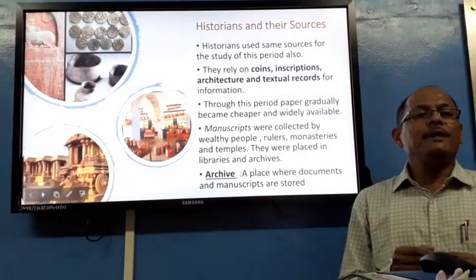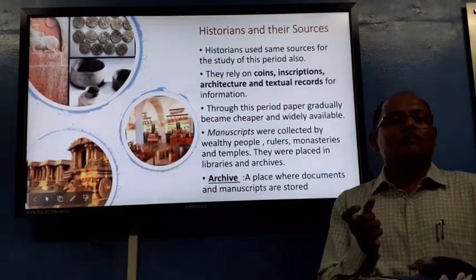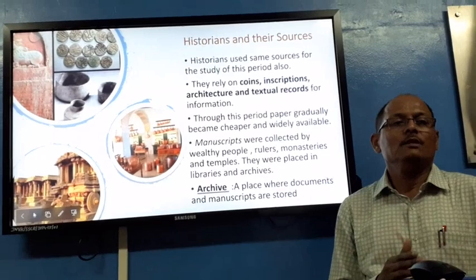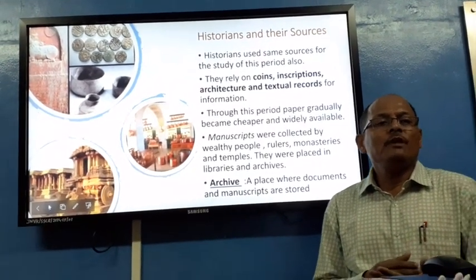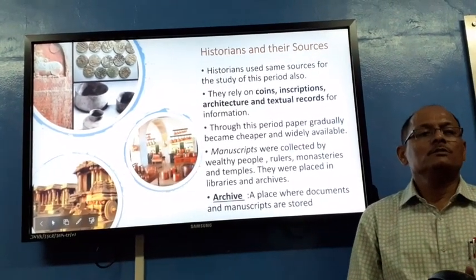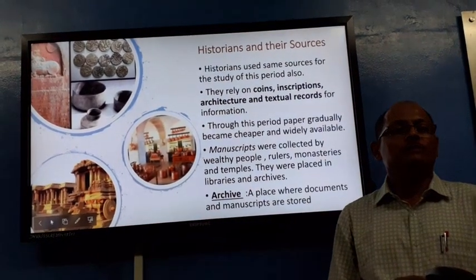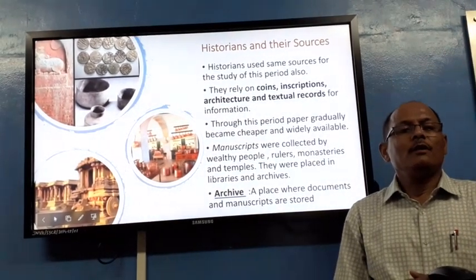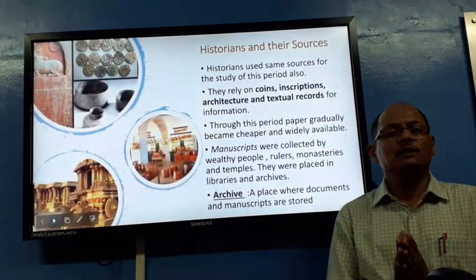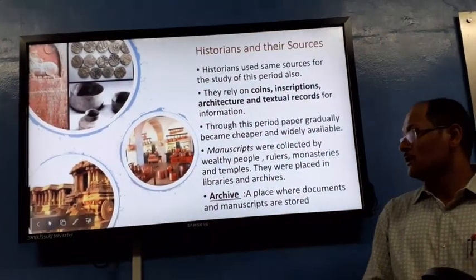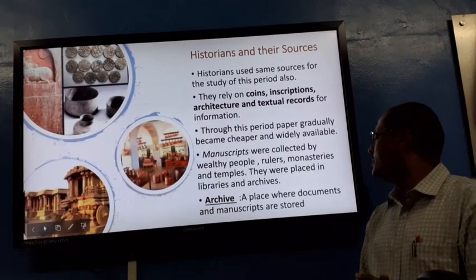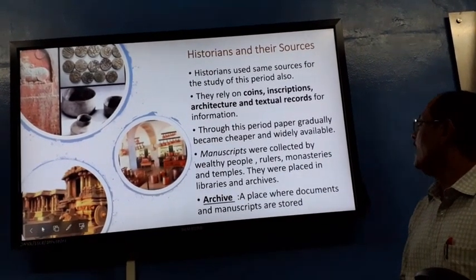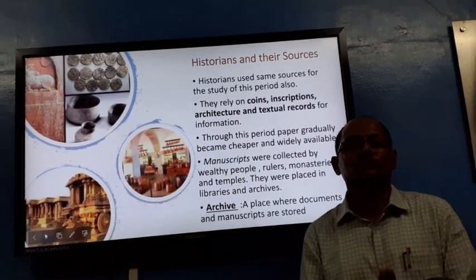But in the medieval period, paper became cheaper and widely available. And most of the wealthy people, rulers, monasteries and temples wrote their manuscripts. And these manuscripts were placed in libraries or archives. So we have a second important terminology, that is archive, a place where documents and manuscripts are stored.